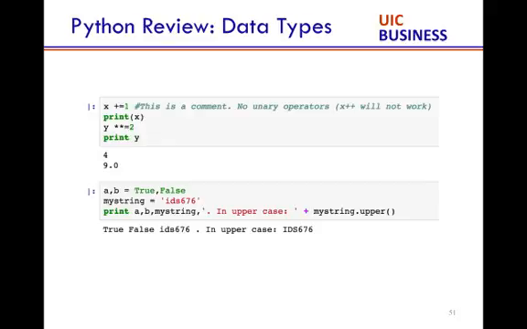Next, you have the usual. If somebody has worked with Java, C++, or C, you know this incrementing shortcut. Instead of x is equal to x plus 1, you can just write x plus equal to 1, right? So those types of shortcuts are available.